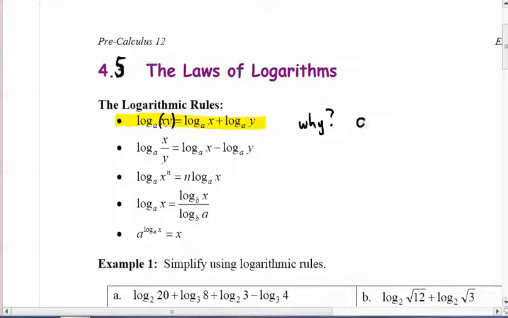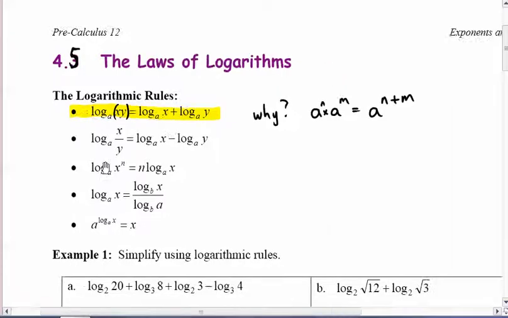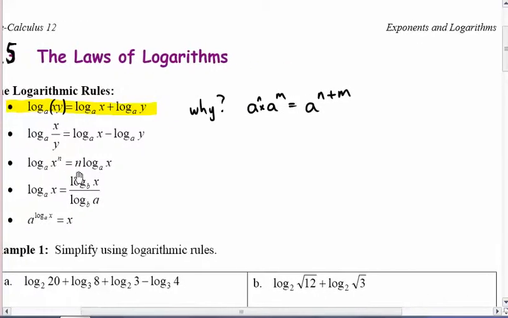So just like a to the power of n times a to the power of m is a to the power of n plus m, when you multiply 2 powers, you can add their exponents. So when you add 2 logs, it's the same as multiplying inside of 1 log. And we saw this on the worksheet last class when we did something like log of 2 to the 10 times 2 to the 5.